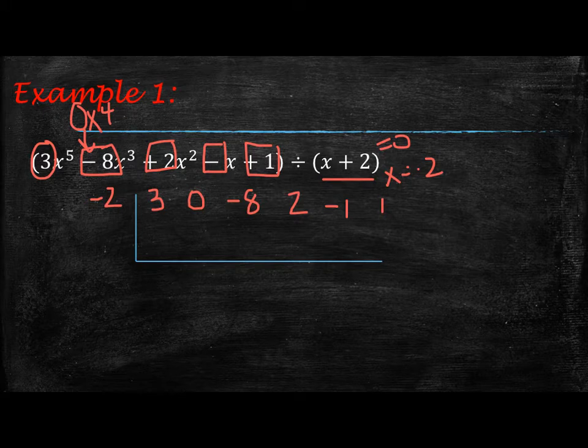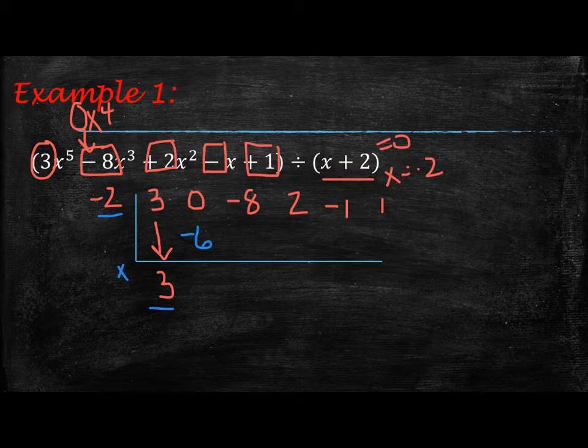Okay, every time you divide synthetically, the first thing you're going to do is bring down that first number. Okay? Then you take this -2 and multiply it by this number. So -2 times 3, and that's going to go here.